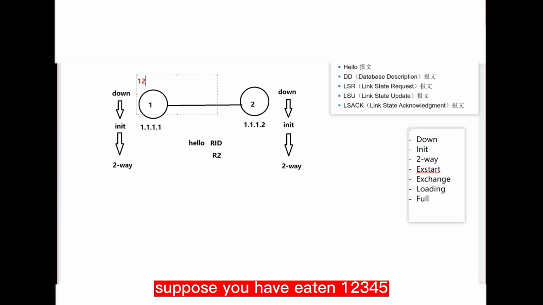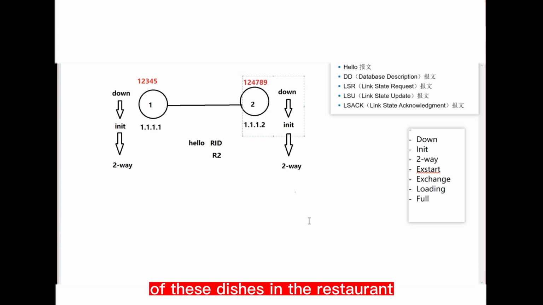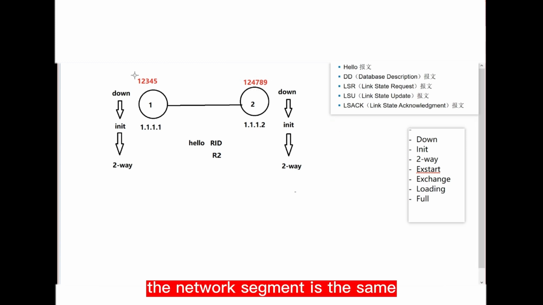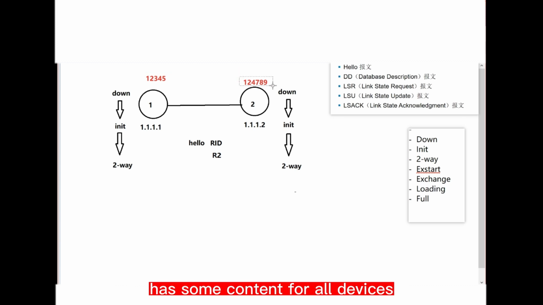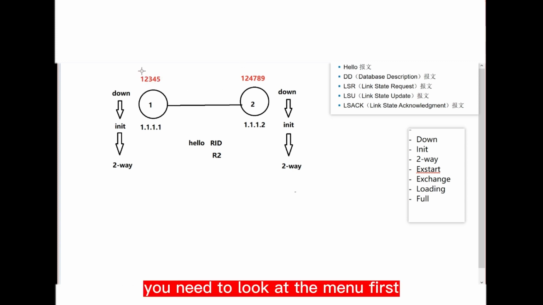Suppose you have eaten dishes 1, 2, 3, 4, 5, and there are dishes 1, 2, 4, 7, 8, 9 in the restaurant. You want to eat something you haven't eaten. The network segment is the same: there is some content that the device does not want. When you order, you need to look at the menu first.